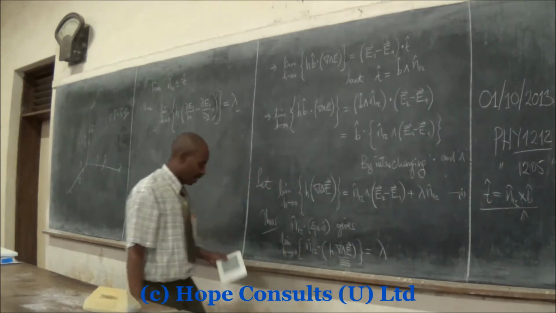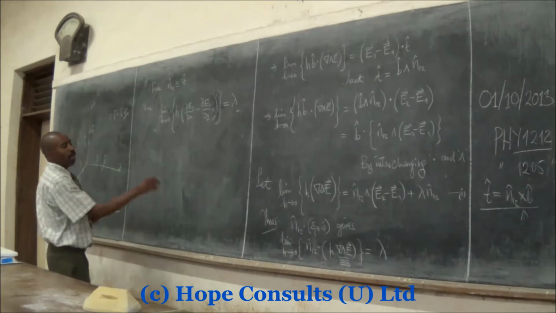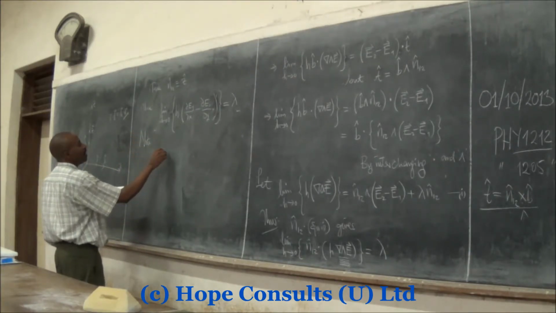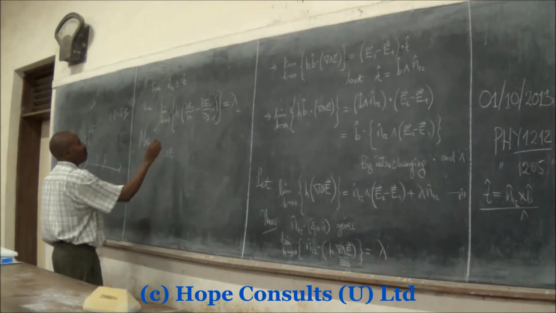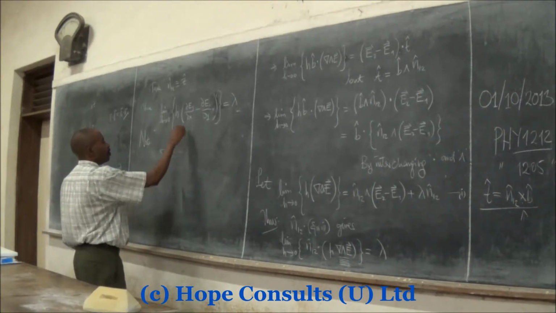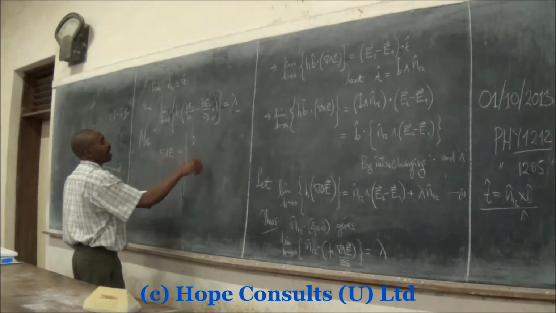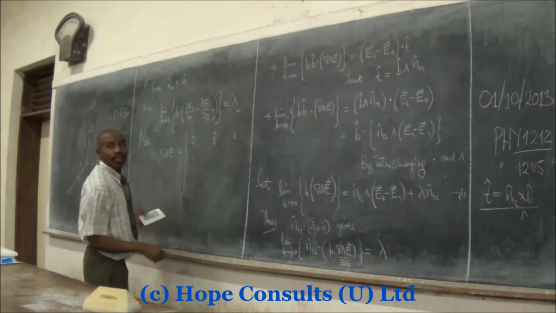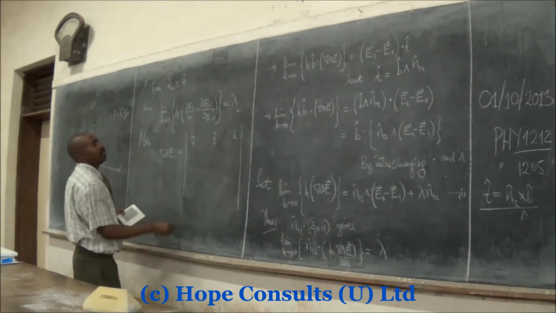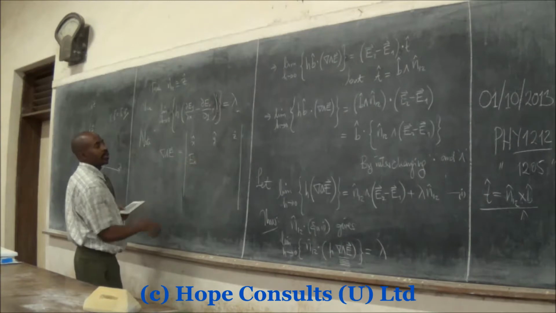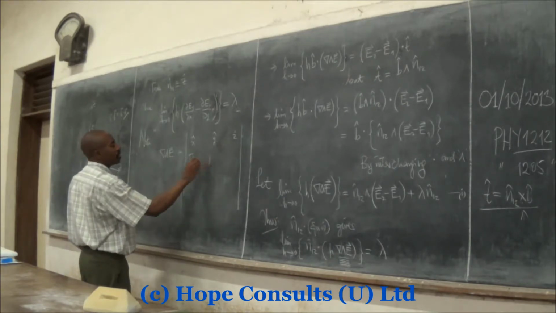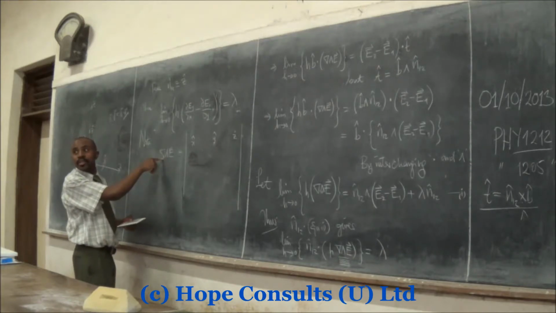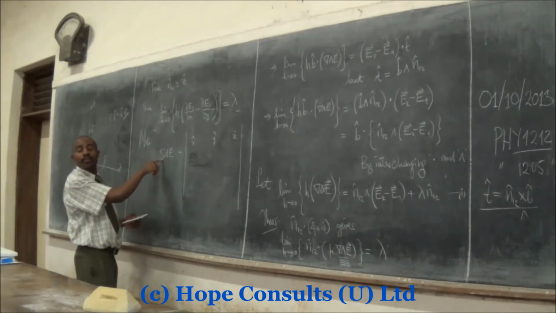The curl of E is normally given as follows. If we take the components of E along the x, along the y, and along the z, then we have to first take care of the partial differentiation for the delta function.